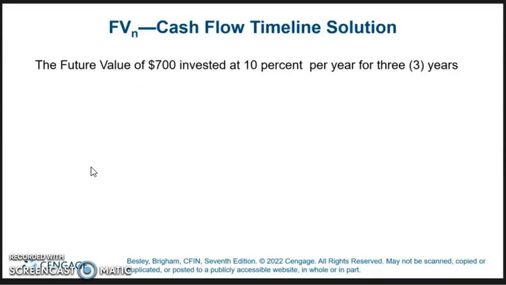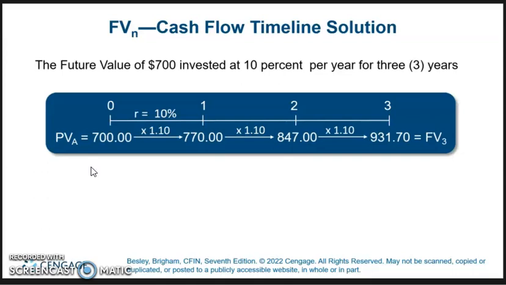So, cash flow timeline solution. Future value of $700 at 10% for 3 years. We're going to multiply $700 in the first year by 1 plus the rate, 1.1. So we get $770. 770 times 1.1 again is $847. So now we're seeing compounding. Compounding is that interest on interest.